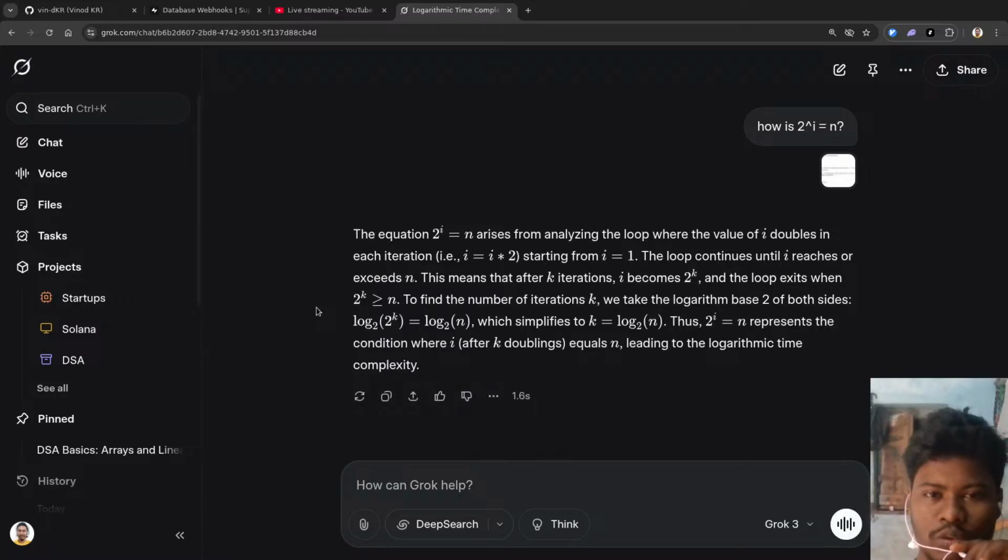The equation 2 to the power n, 2 raised to the power n, arises from analyzing the loop where the value of i doubles in each iteration. Starting from i is equals to 1, the loop continues until i reaches or exceeds n, and this means that after k iterations i becomes 2 to the power k.